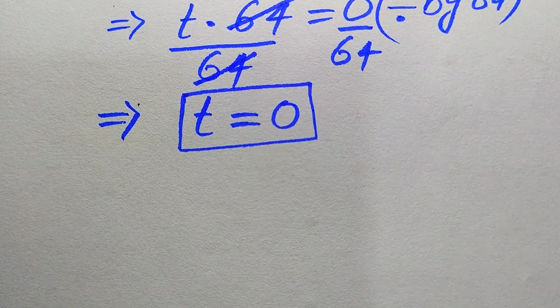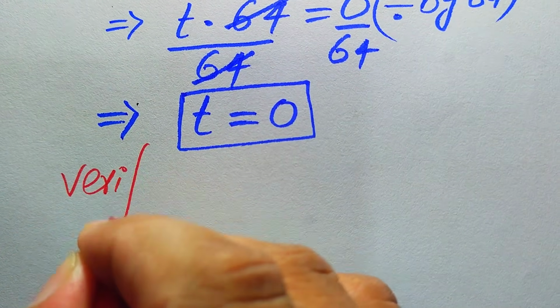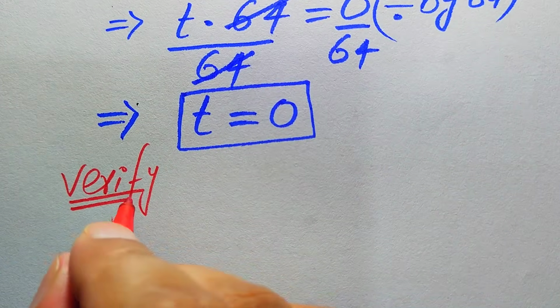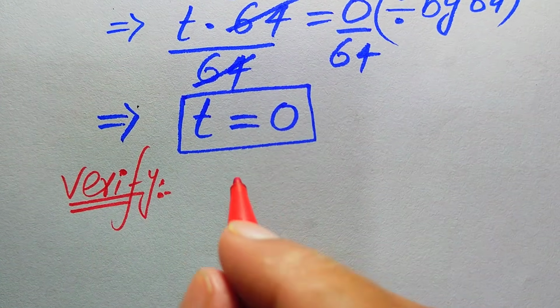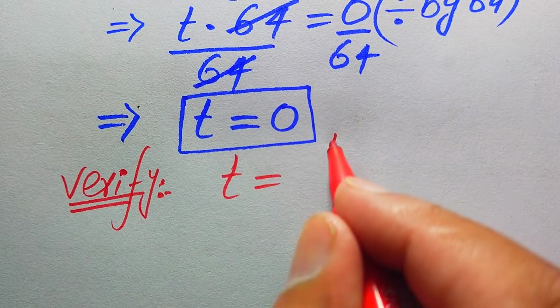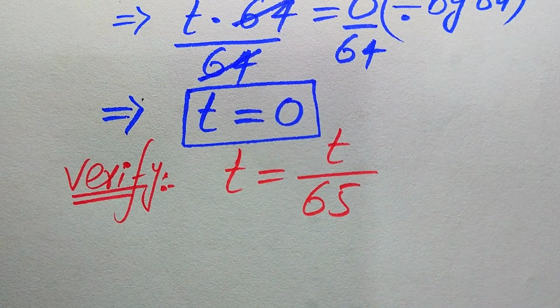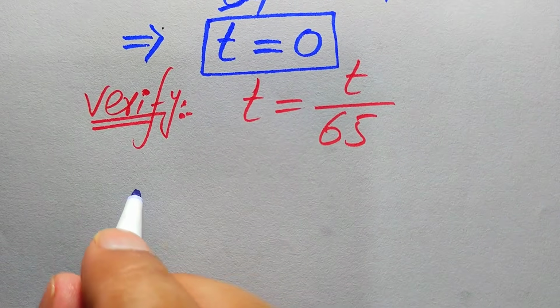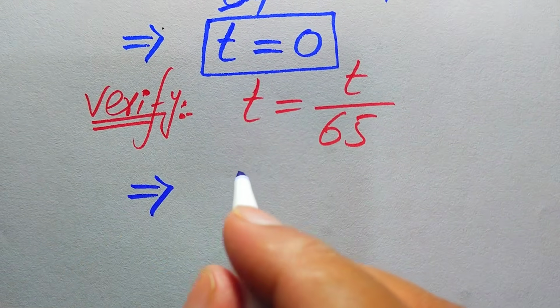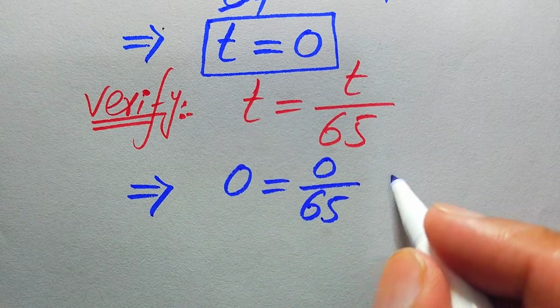Now in the next step, we need to verify whether this value of t is a solution or an extraneous root. For verification, we copy down the given question statement: t is equal to t divided by 65. Here we substitute the value of t on both of the sides, and this becomes 0 is equal to 0 divided by 65.